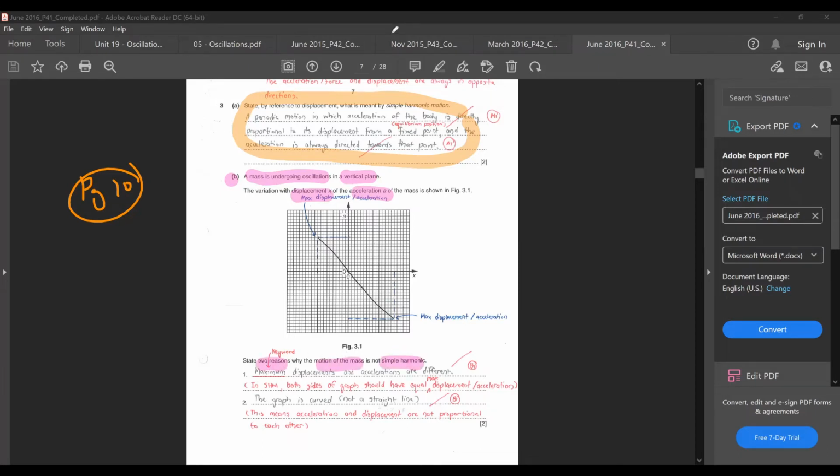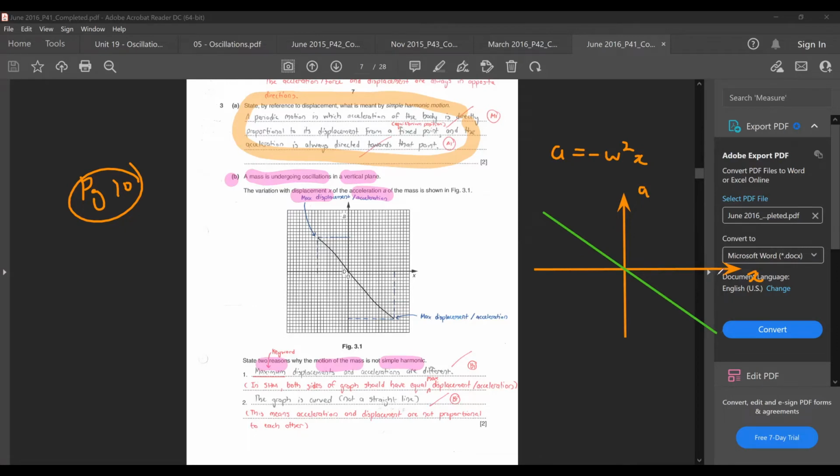By looking at this graph, how do I know that this motion is actually not SHM? Just now I specifically mentioned that if we follow simple harmonic motion, it will follow this equation. The graph of acceleration versus displacement would just be a straight line graph that passes through the origin.